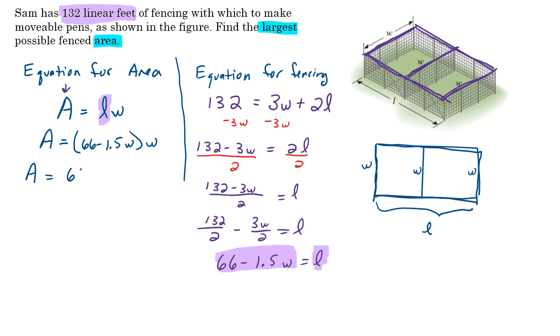So the area is now dependent upon the width. And I'm just going to distribute that W in there to write this as a quadratic. So I think it would be pretty cool right now to take a second and plug this into Desmos and then think about what it's telling us. So let's go do that.